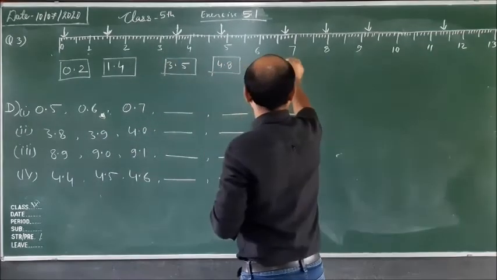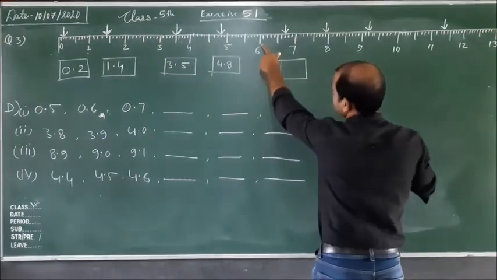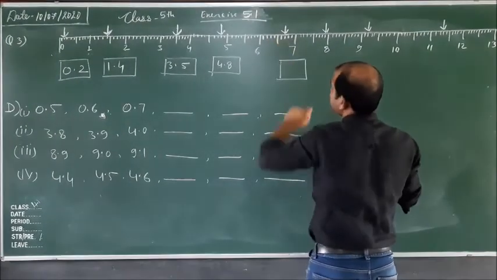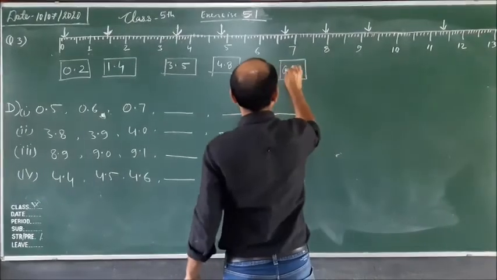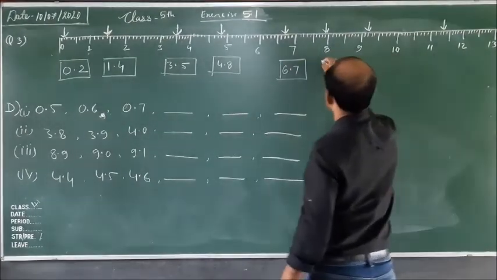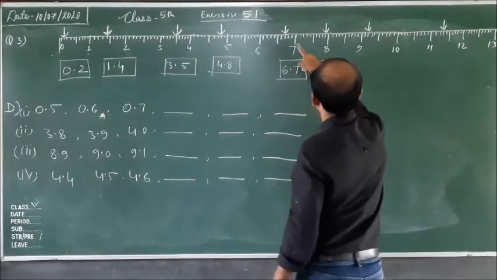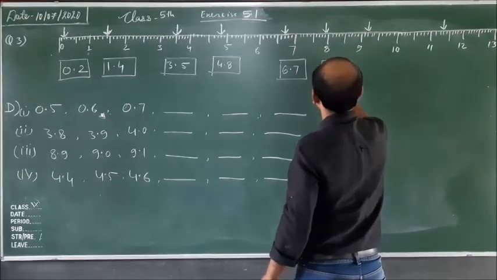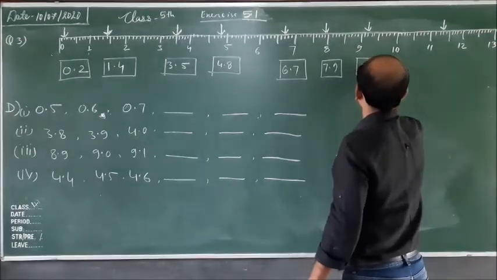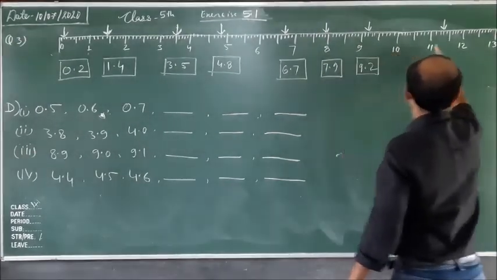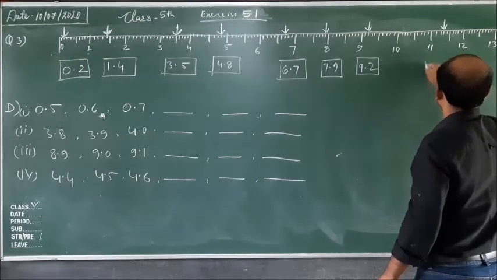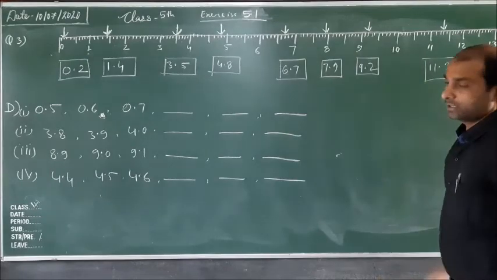Now this one: 6 centimeters and 1, 2, 3, 4, 5, 6, 7 millimeters, so we write 6.7. Next 7.9. Next 9.2. Next 11.123. Okay.